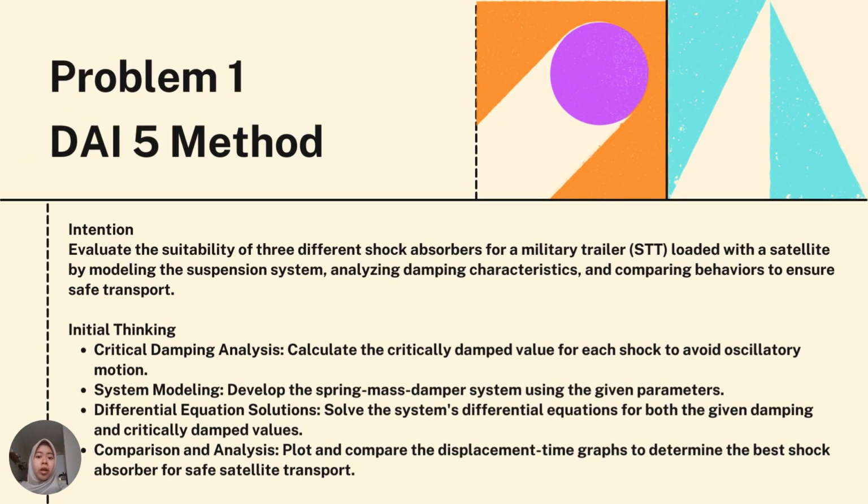For problem one, I define the DAI 5 method, or the framework of thinking for every problem, so it is much more detailed. The first problem is that we have three different shock absorbers for the military trailer, or STT, loaded with a satellite.